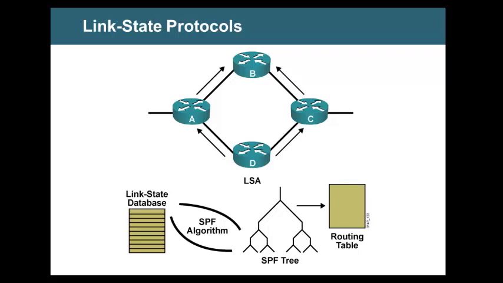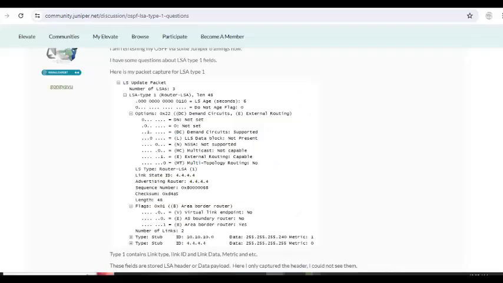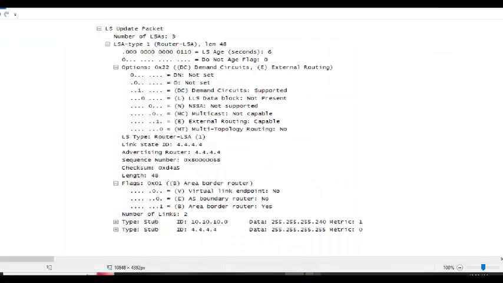Now, this is an output of a router LSA. A screenshot of a router LSA. So what you can see here is the router ID. See who is advertising this. The advertising router's router ID is 4.4.4.4. And then what it is carrying, it is carrying the networks, the metric, the subnet mask, the metric based on the cost.